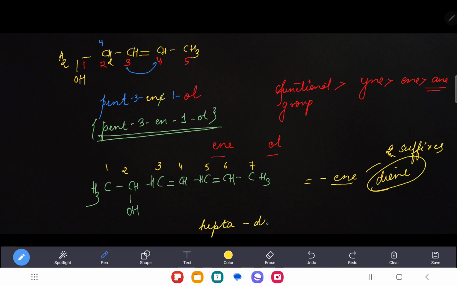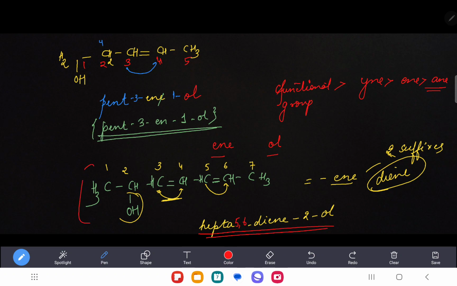So it is going to become heptadiene. And for ol, we would have one ol. And where is this di coming from? The first ene starts at 3 and ends at 4, and the second starts at 5 and ends at 6. So that shall be the name of this compound.